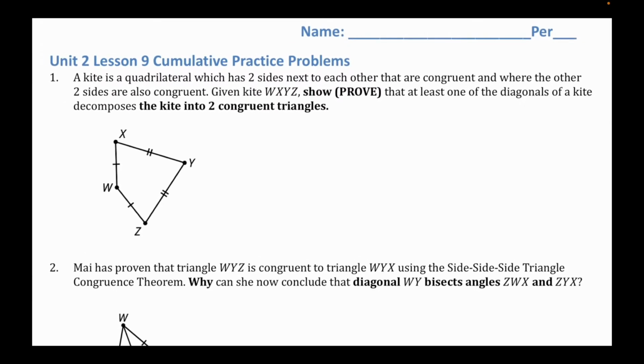We're going to state a couple things that they give us just based on these markings. So I can say segment WX is congruent to segment WZ, because they gave me that.